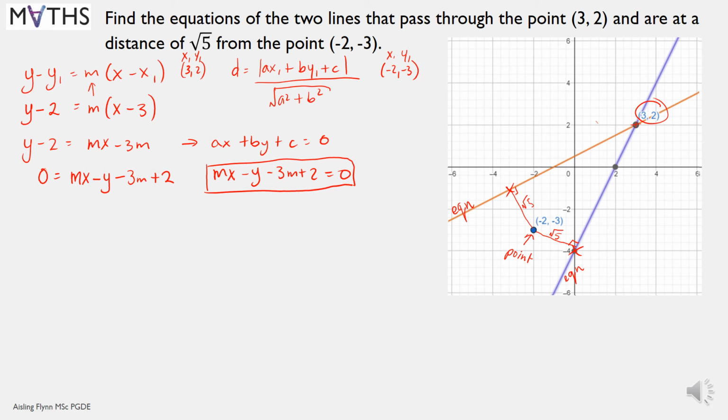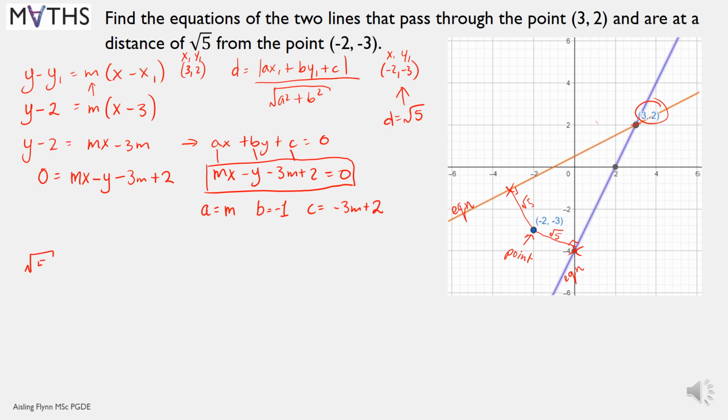Now, doing some quick comparisons, the values for the formula which I'm going to use: a equals m, okay, it's not ideal but we'll figure that out, b equals minus 1, and c equals minus 3m plus 2. And as I said already, we have our point for the distance formula. And what else do we have actually? Yes, we know the value of d is root 5. Okay, so we're going to fill in the distance formula.